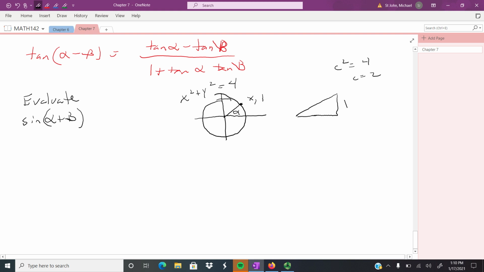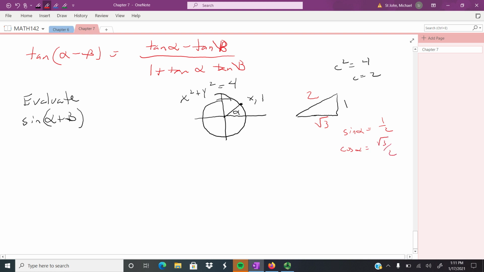So this is going to be 2, which means this side is going to be the square root of 3. So we need to know the sine and cosine of this. The sine of alpha is going to be 1/2, and the cosine of alpha is going to be the square root of 3 over 2.